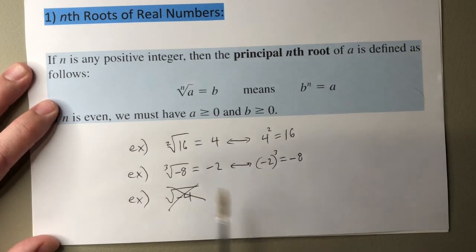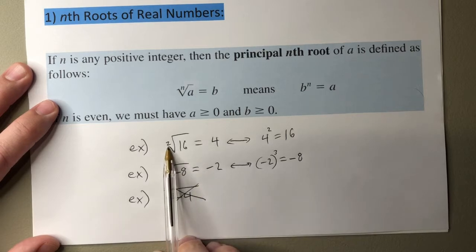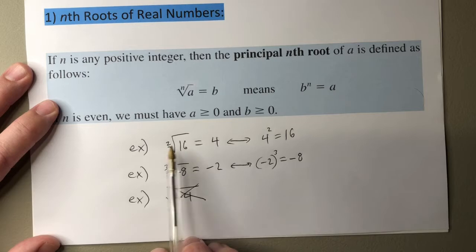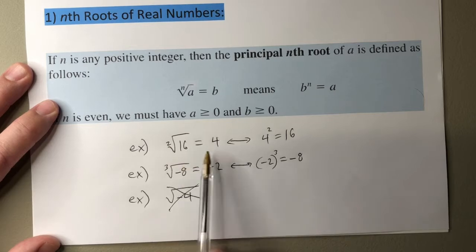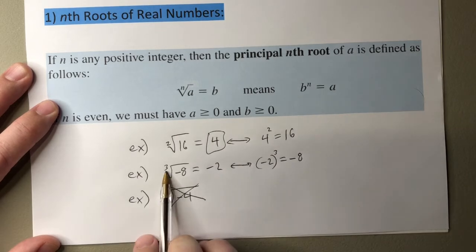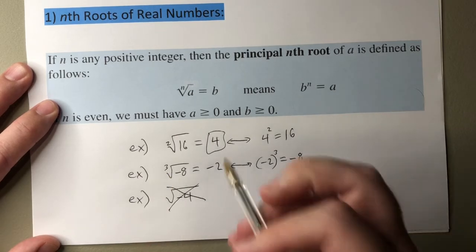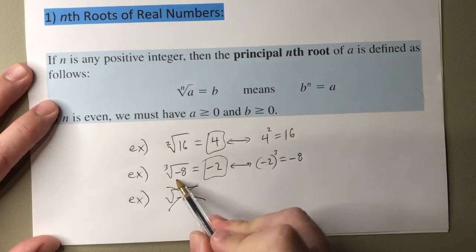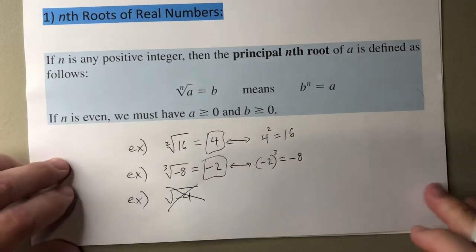Bottom line, to review: the index, this little number sitting on the radical, if it is even, then the value under the radical must be positive in order for this to work. If it's odd, it can be positive or negative. If it's negative, you're going to get a negative. If it's positive, you're going to get a positive.